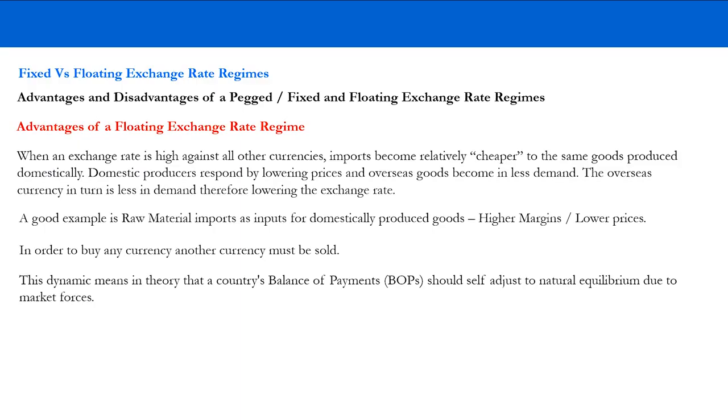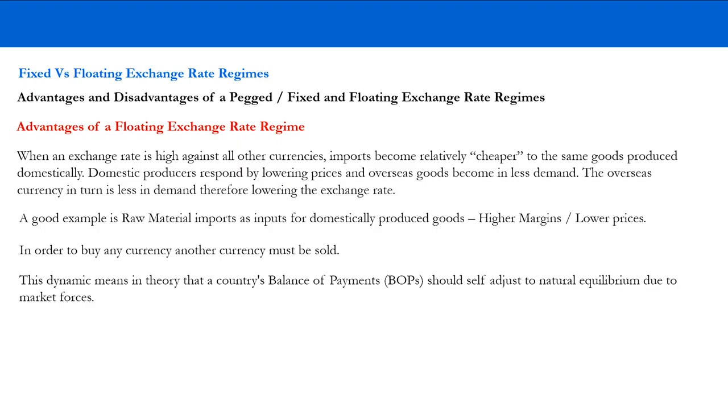Now, this example with the importers, a good example is raw material imports, for example, as inputs for domestically produced goods. So what happens when, for example, a manufacturer that requires an input from abroad experiences an increase in the exchange rate?